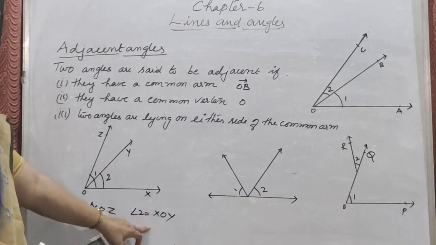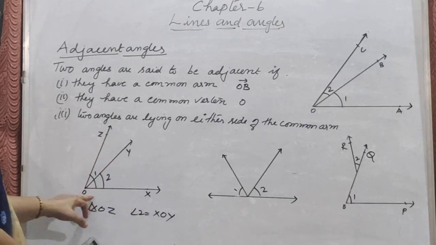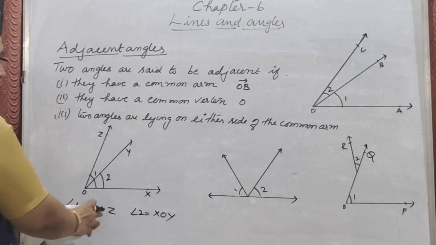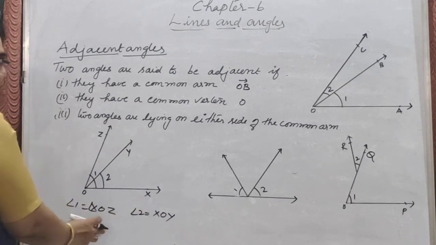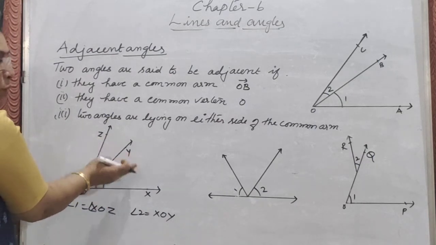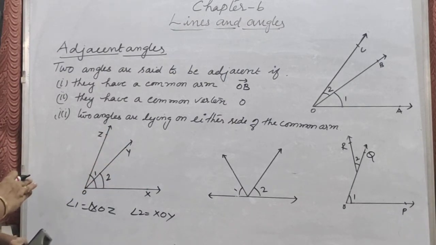O is the common vertex, right? Now angle 1 is taken as angle XOZ. So XOZ, XOY, you can see that OX is the common ray. But these two angles are lying above OX only. So we cannot say that angle 1 and 2 are adjacent angles.